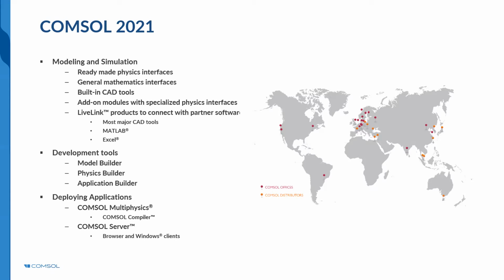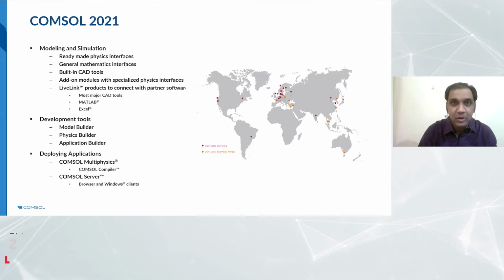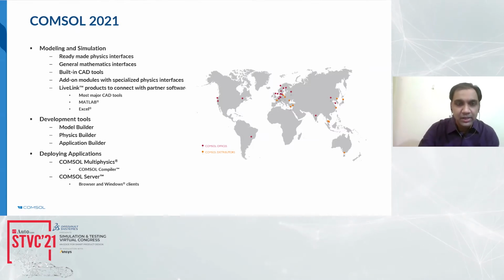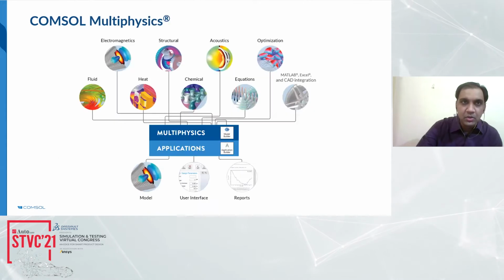There are several add-on modules for various physics interfaces, and it has LiveLink products to connect with partner software. Then it has various types of development tools: the Model Builder, the most common one, and the recent additions of Physics Builder and Application Builder. You can also deploy these apps using the COMSOL Compiler or the COMSOL Server. These things we will discuss in a little more detail.